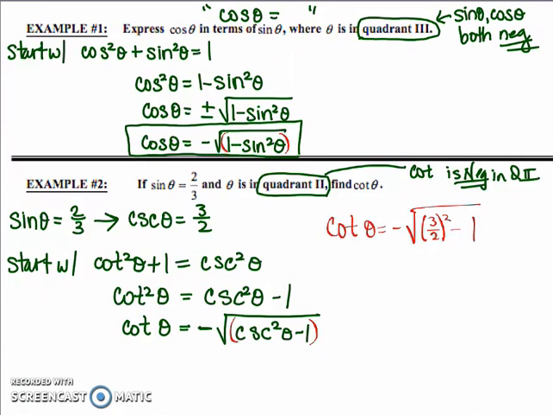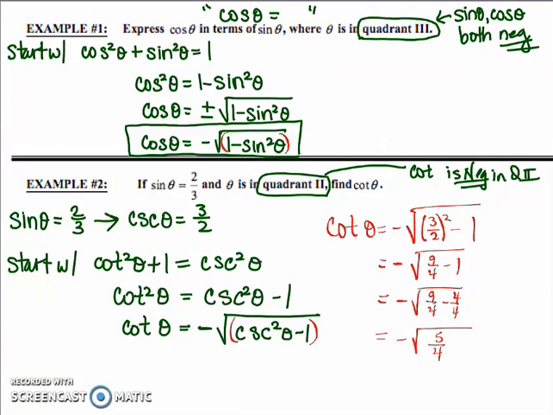First, I have to square 3/2. That's going to give me 9/4 minus 1. And 9/4 minus 1 would be 9/4 minus 4/4, which is 5/4.